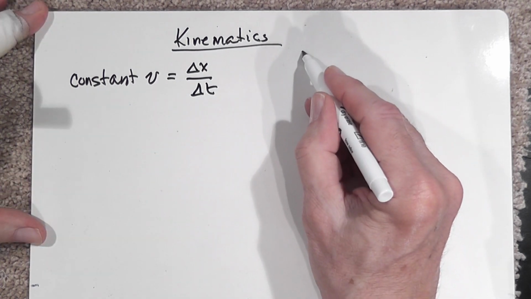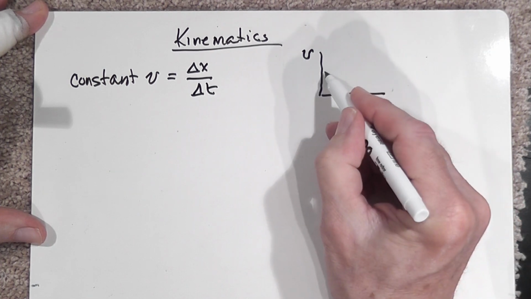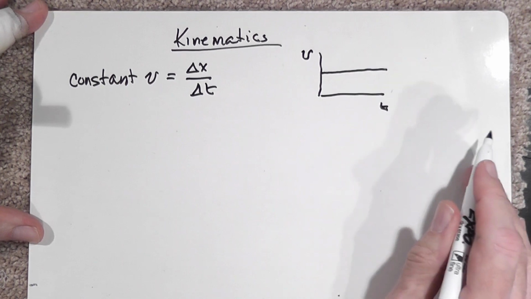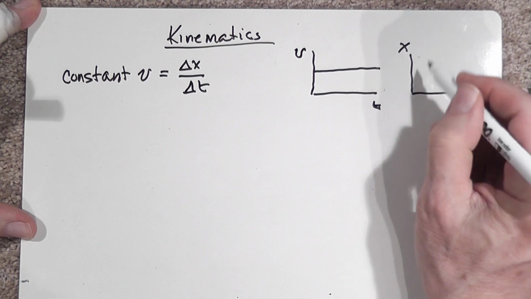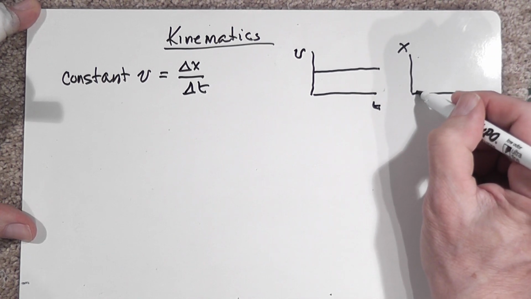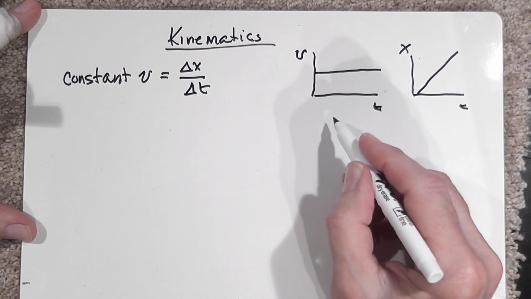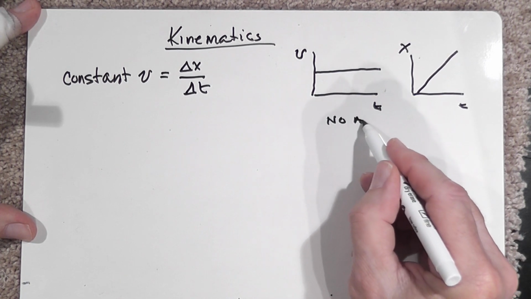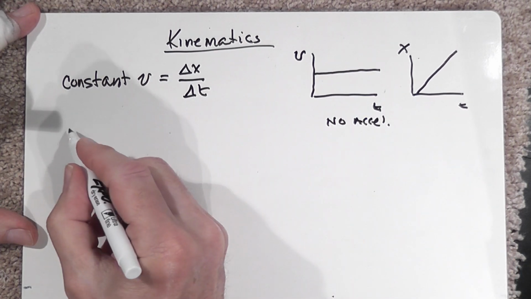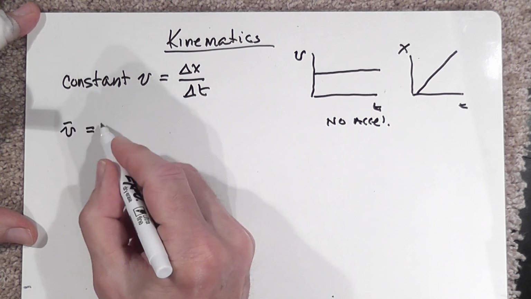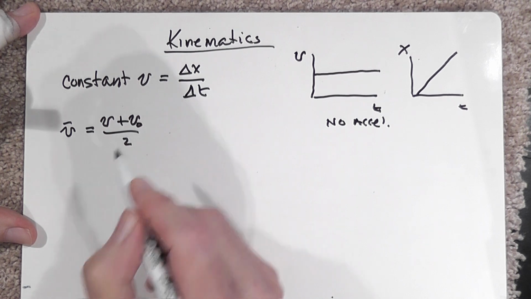Constant velocity, if it was v over t, would look like a straight line. For x versus t, constant velocity would just be a diagonal line. So there's no acceleration. What about average velocity? We talked about average velocity, where we have the final and initial velocities, divided by 2.